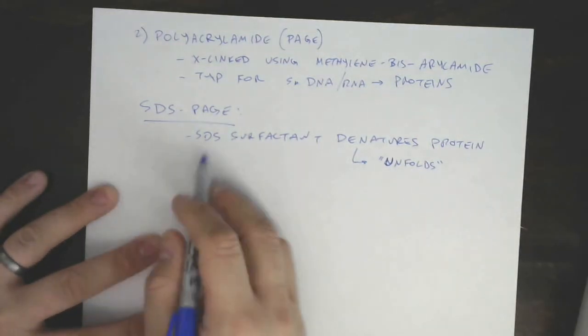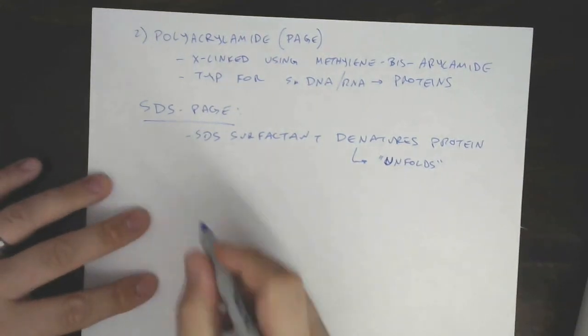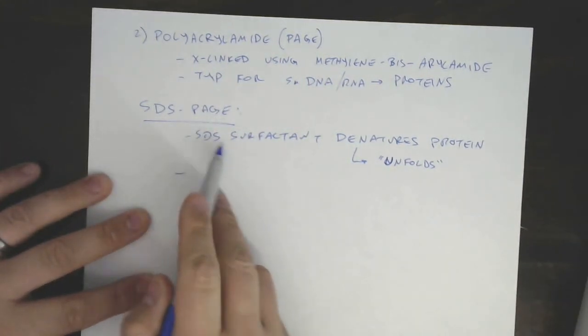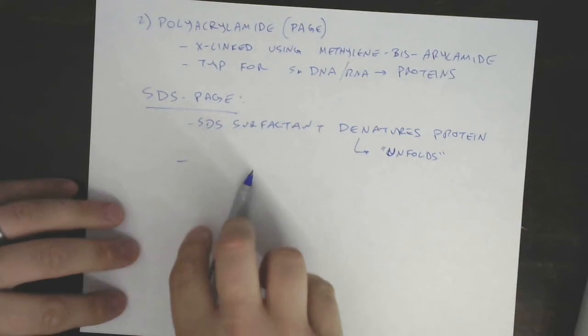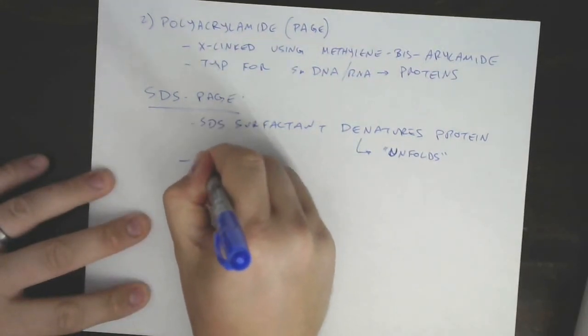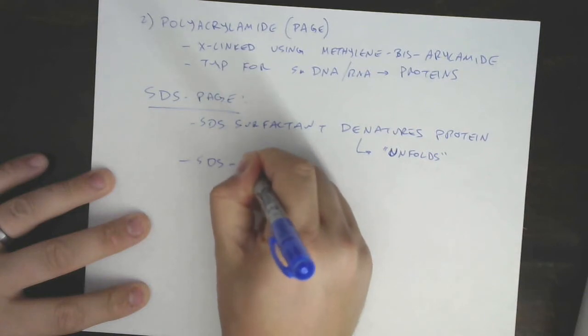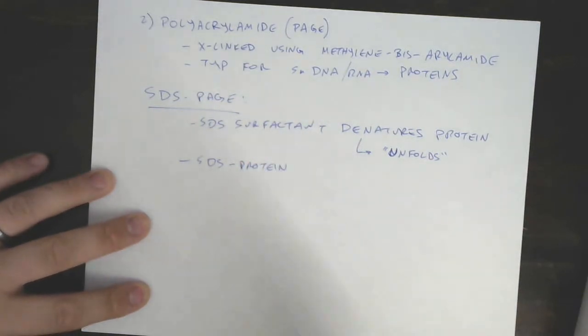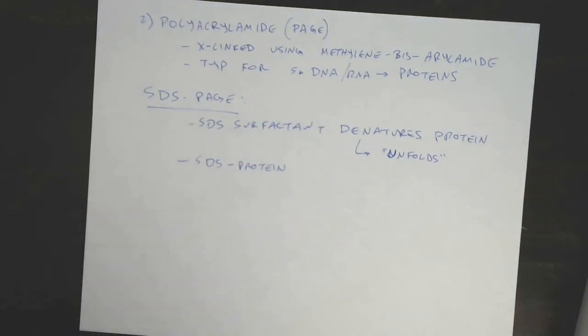So the other thing that happens, the surfactant causes this to unfold, but it's happening because this SDS is very strongly attracted to the protein. So you get this SDS to protein binding. It's not covalent, it's just by non-covalent interactions.